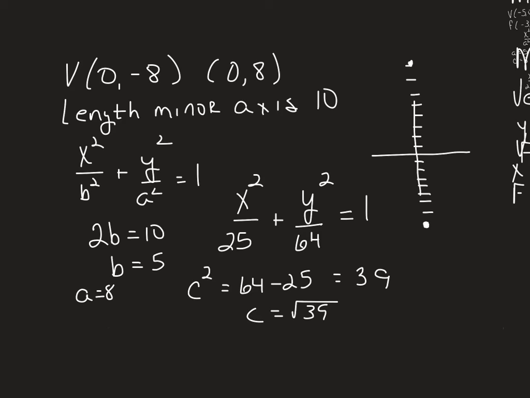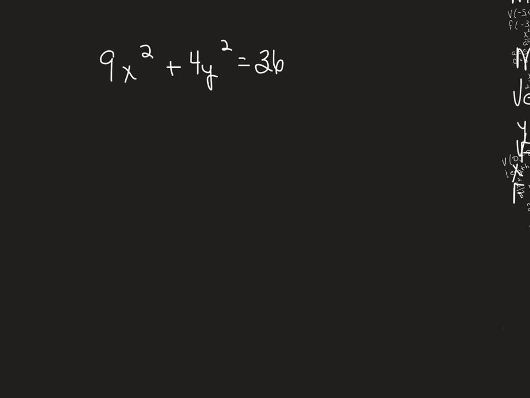If we were going to graph our ellipse here, if b is 5, here's the minor axis, 1, 2, 3, 4, 5, 6. Foci somewhere in here, just a little bit more than 6. But your ellipse would look something like this. Right, it has a vertical major axis.